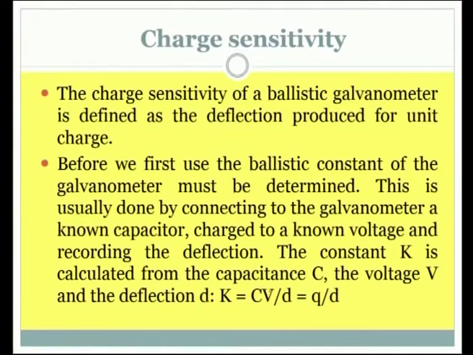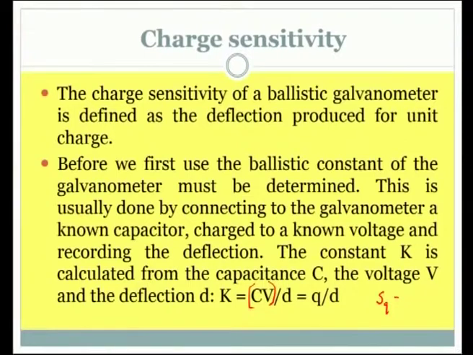I would like to add to the equation shown here. What is CV? CV is the charge. So, the charge required for unit deflection D is called the constant of the ballistic galvanometer. The inverse of this is called the charge sensitivity.